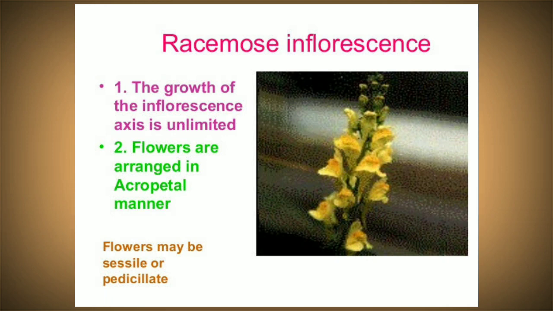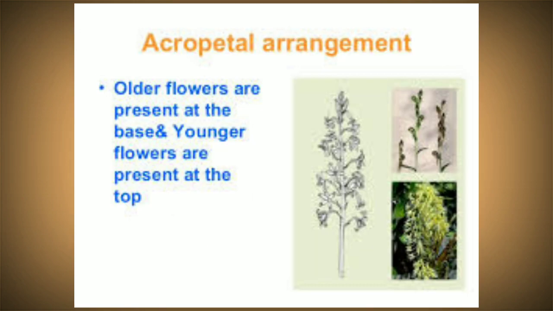So here we can see that the growth of the inflorescence is unlimited, and this unlimited growth takes place because of the length of the stem. The arrangement of the flowers on the peduncle is either acropetal, that is youngest at the apex and oldest at the base, or centripetal, that is younger towards the center and older towards the apex and base.